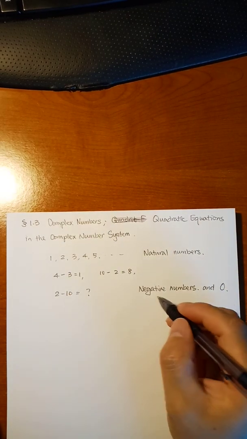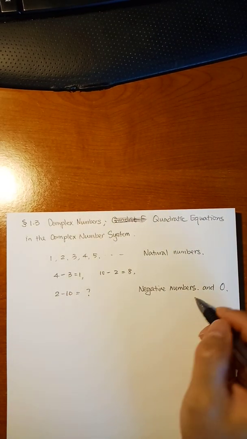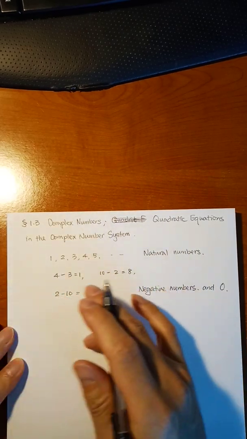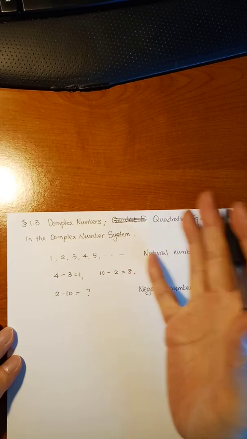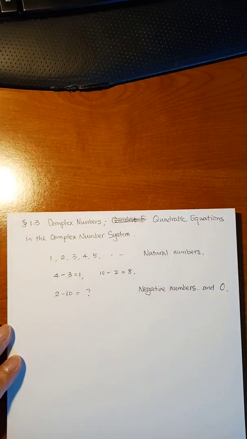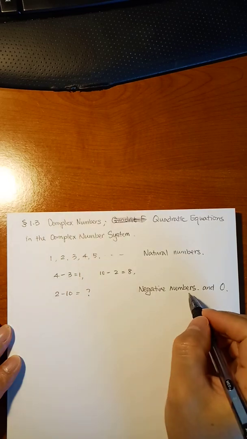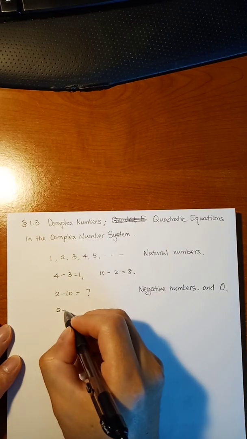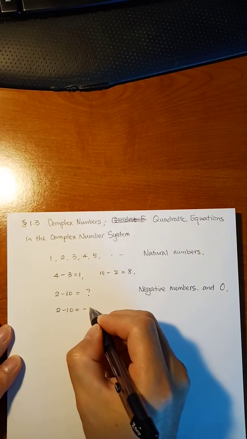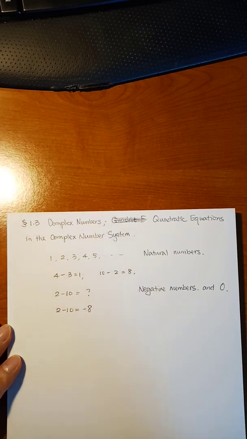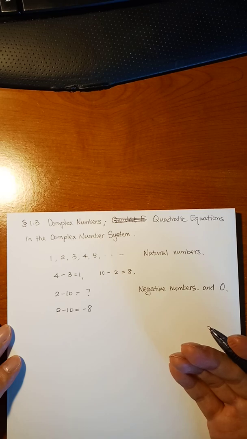Okay, so after we introduce the negative numbers, we can completely do the subtraction. Addition, we can always do it in the natural numbers. The problem comes from the subtraction. So after we introduce the negative number, we know that 2 minus 10, we just give it a new symbol. We put this minus sign in front of 8, and we call it a negative 8, right?